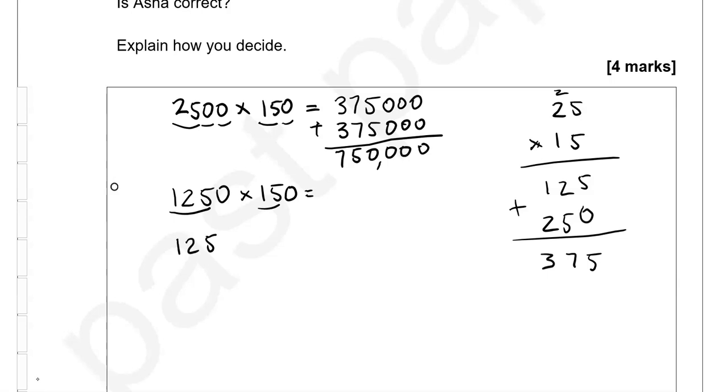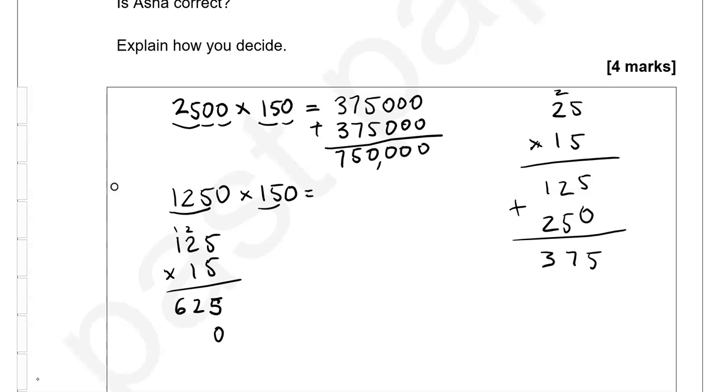So 125 times 15. 5 times 5, which gives us 25. 5 times 2, 10, and the 2, 12. 5 times 1 is 5, and the 1, 6.